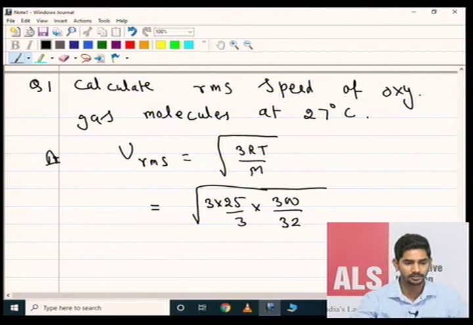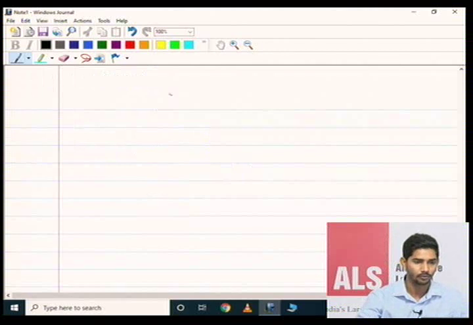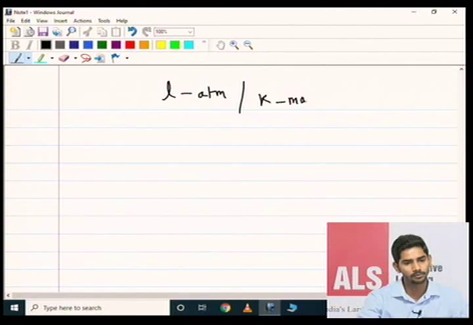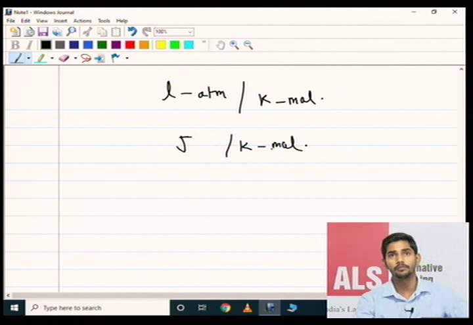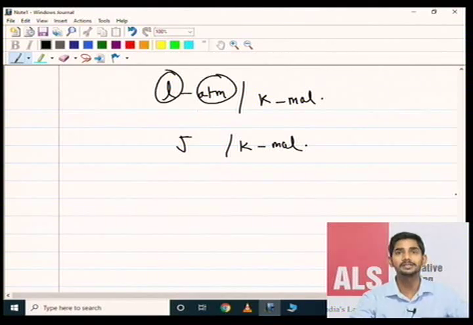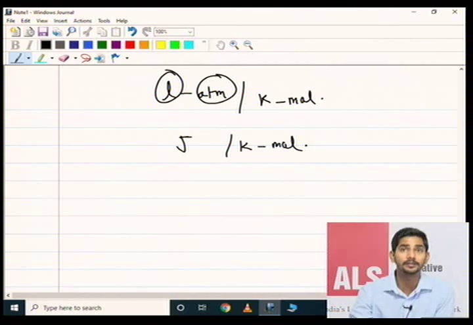Focus on the units, dear. Look at this. You have these units, liter atm per Kelvin per mole. Other than that, joule per Kelvin per mole. Just check out the formula. Have you ever found the liter, or the atmosphere, over there? In the question, do we have the pressure and volume terms over there?